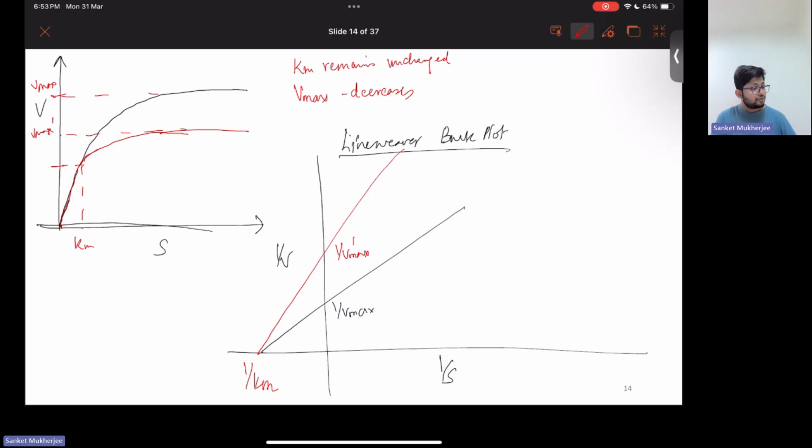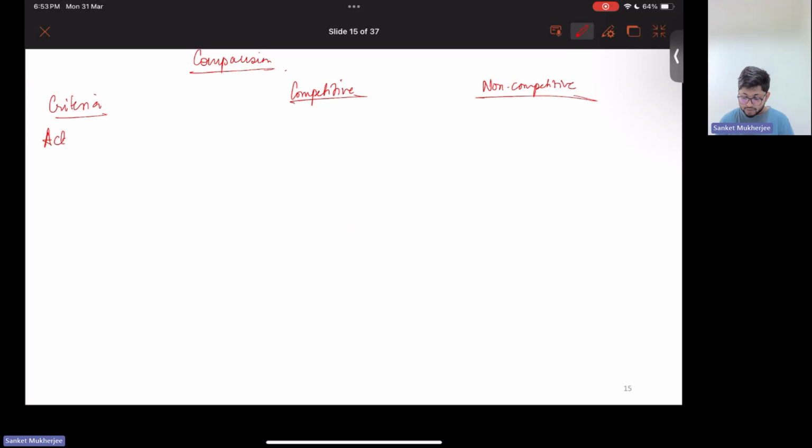So there are some examples of this. If we get a comparison, we do a comparison by the criteria, and then there is either competitive or non-competitive. Let's see. If we divide it based on the active site, it is usually on the active site, and this is on sites other than the active site.